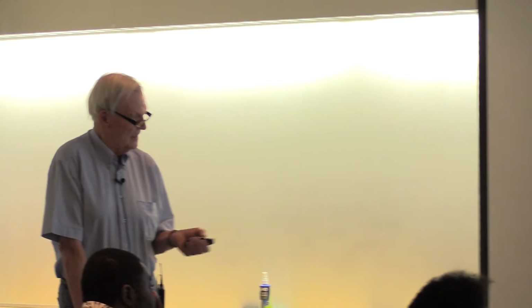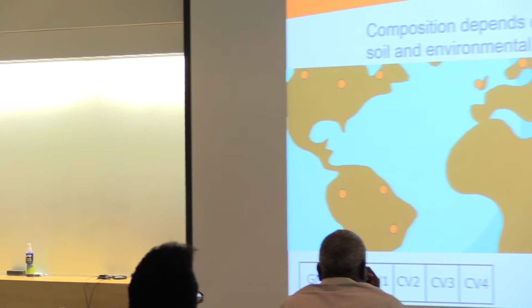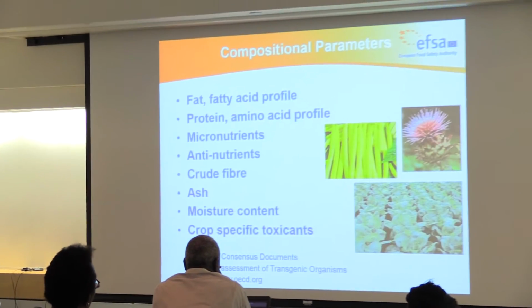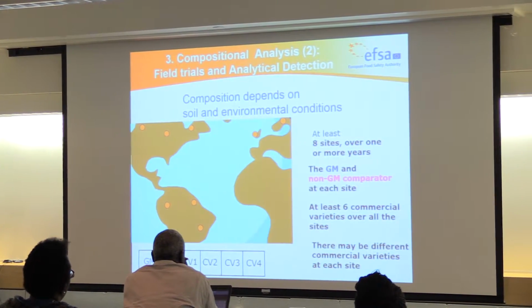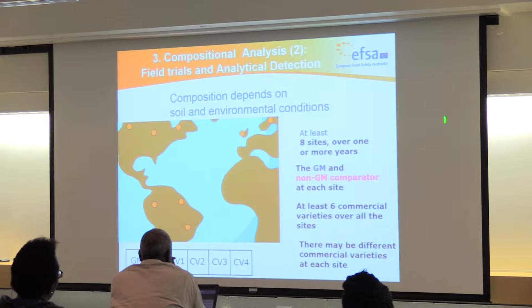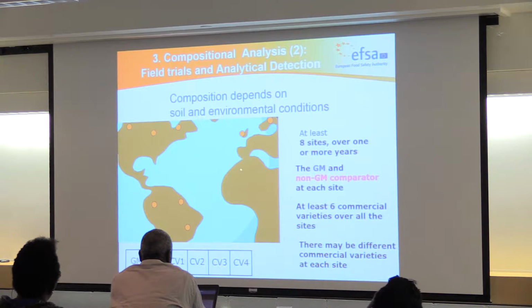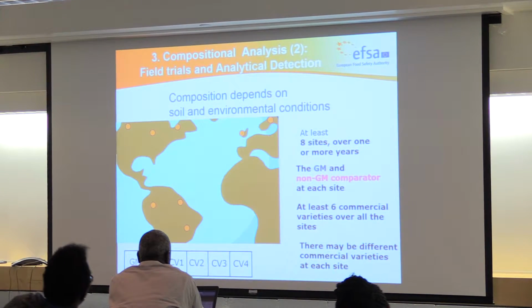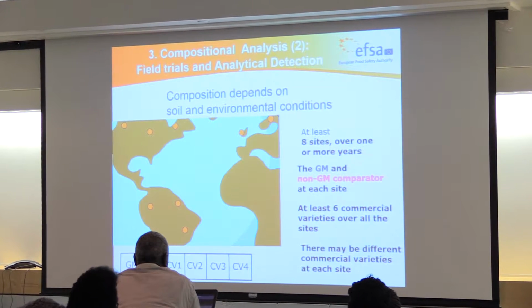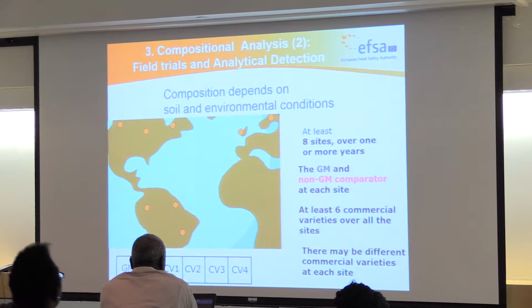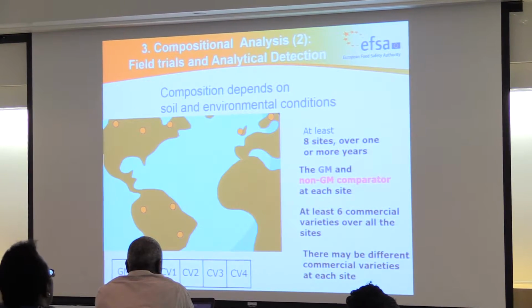field trials. An important thing is that the environment should be representative of where the plant is grown and also being exported to. You need a number of sites to look at, over 1 or more years, depending on the number. You could do with 1 year if you have enough sites, otherwise you could spread it over 2 years, if you don't have indications of severe environmental changes in the conditions.